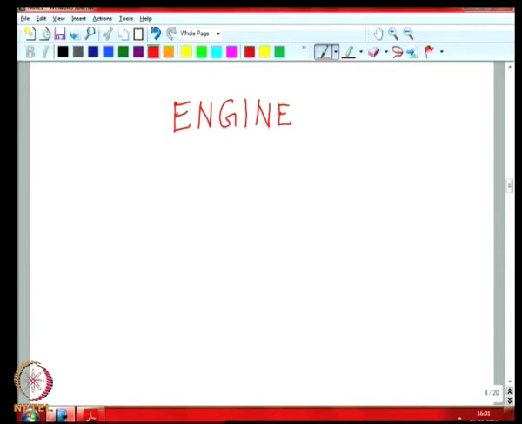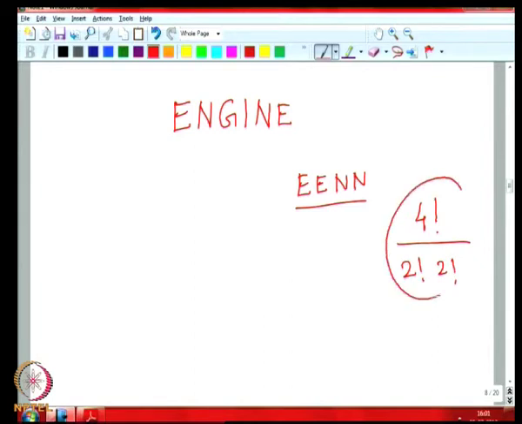The point is, you can pick possibly these 4 letters and then you can do it in 4 factorial ways, or you can pick E, E, N, N. These 4 letters you can take out of that, and then now you do not have 4 factorial, actually 4 factorial by 2 factorial into 2 factorial ways to permute these things, because 2 letters here are same, 2 letters there are same.